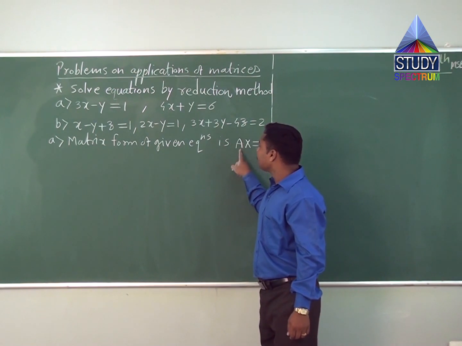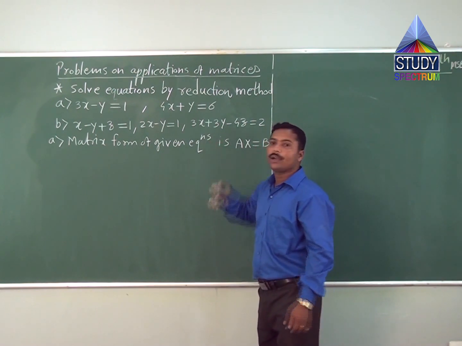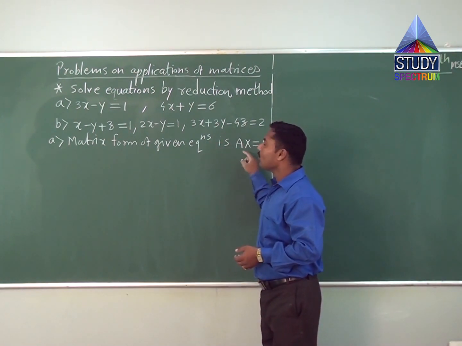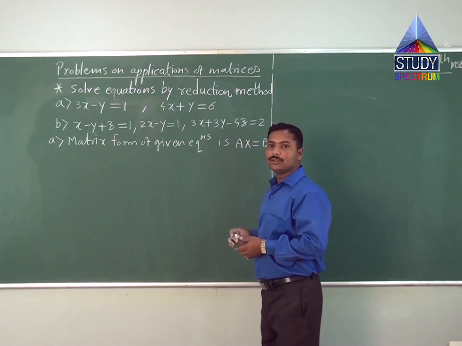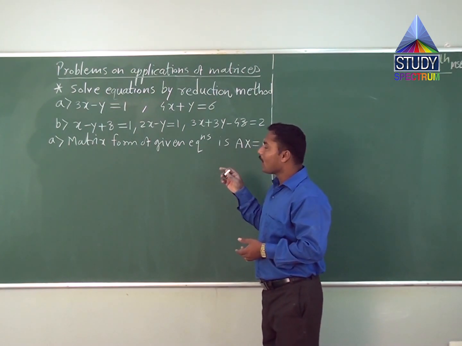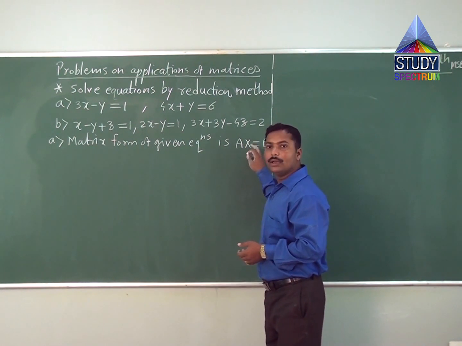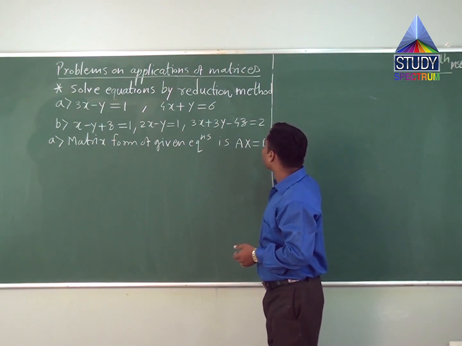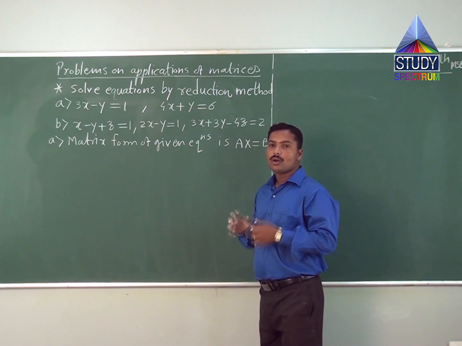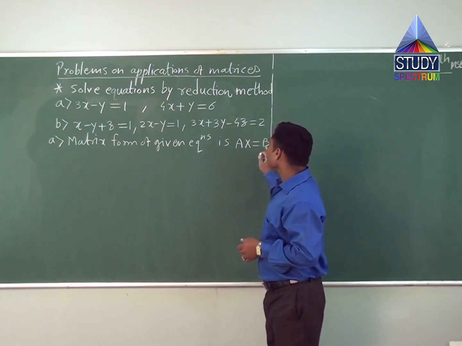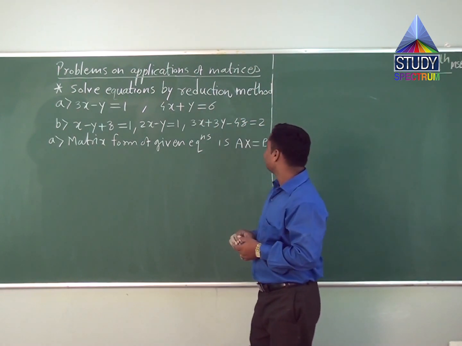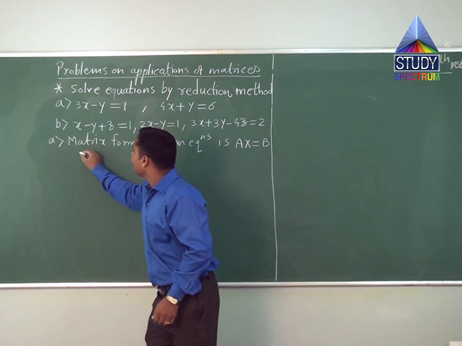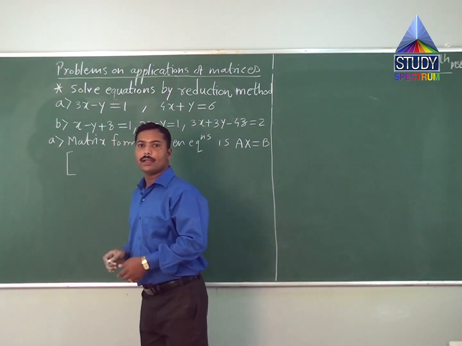A is nothing but the coefficient matrix of the unknowns x, y. Capital X means the unknowns x, y which you want to determine, and capital B is the constants on the right hand side.